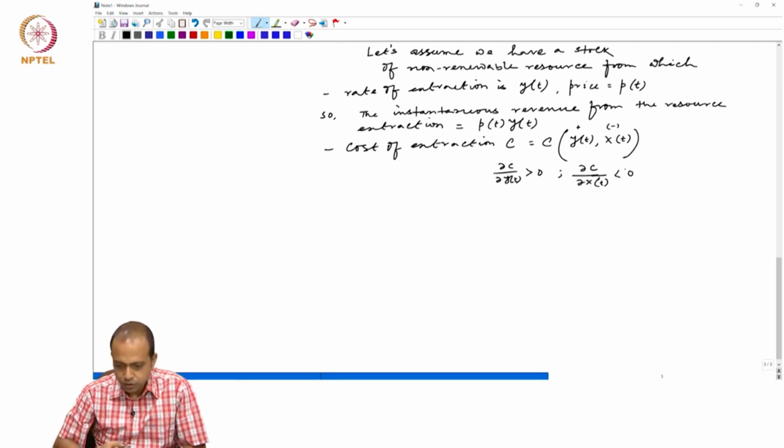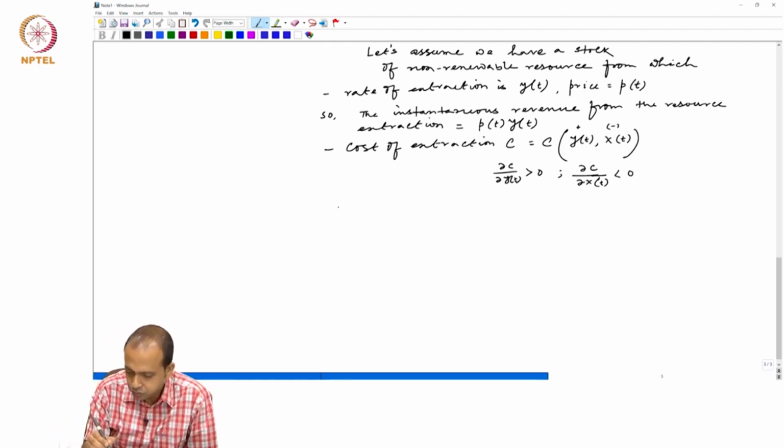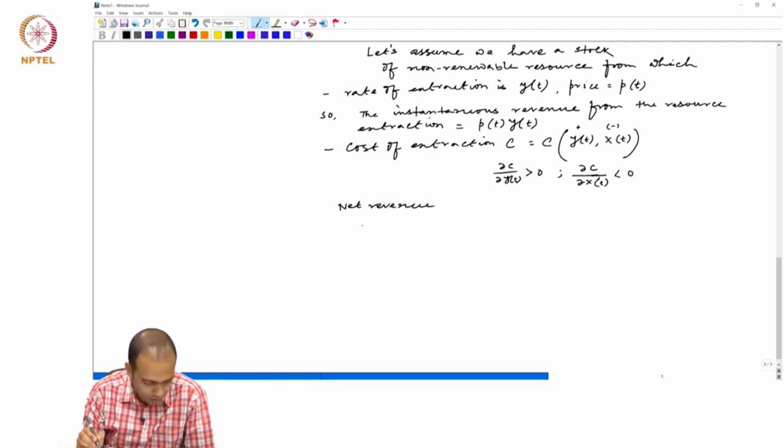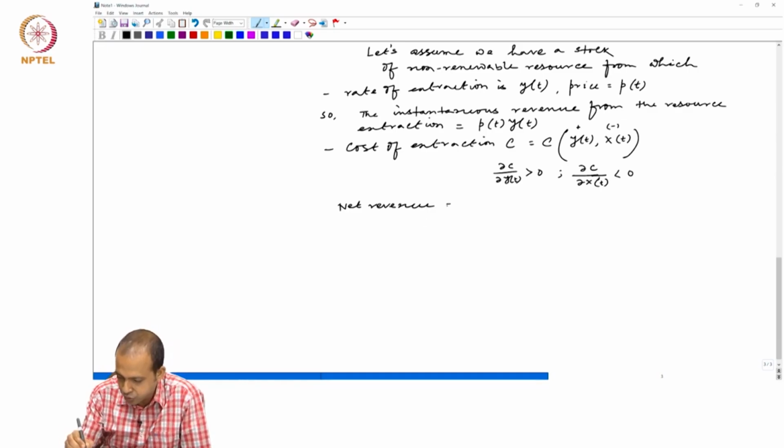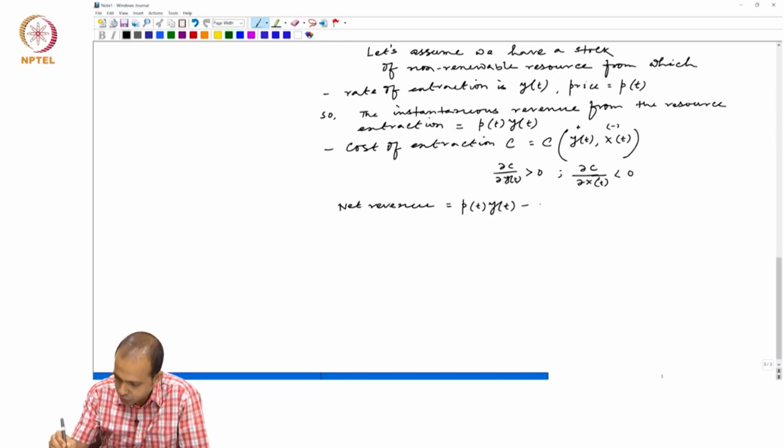Okay. So, net revenue or net benefit equals PT into YT minus C of YT, XT.